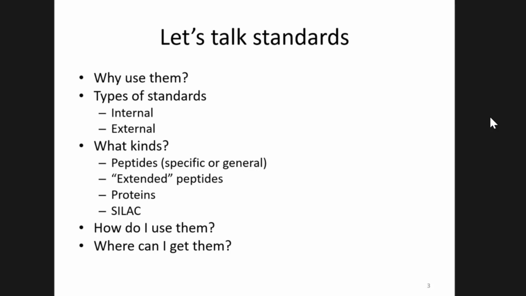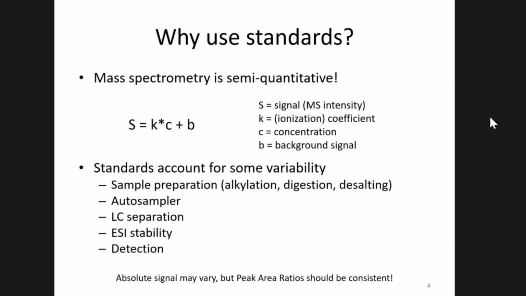So we'll be talking about internal standards versus external standards, protein versus peptides versus global proteome standards like SILAC, or extended peptides, which is the full tryptic sequence plus the native amino acid sequence on either side of the tryptic cleavage point, and then how to use them.